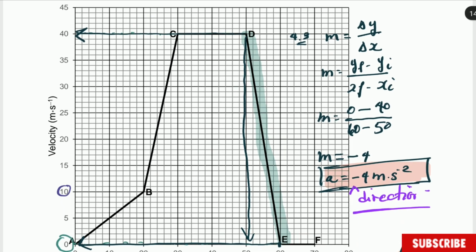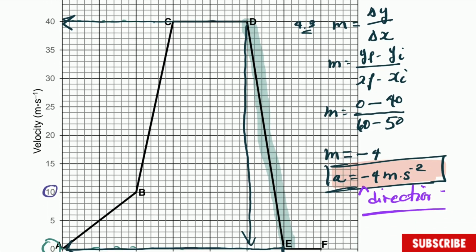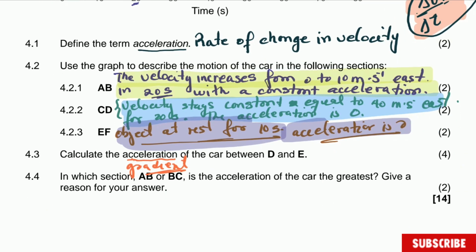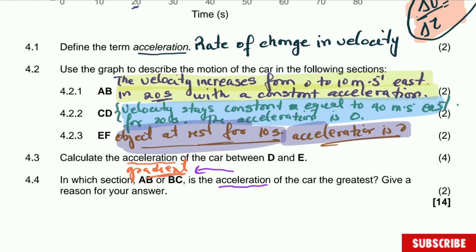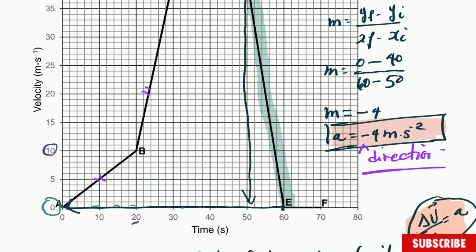Now we're going to answer the final one, question 4.4, in which section, AB or BC, is the acceleration greater? Remember, once more, acceleration is the gradient. The greater the gradient, the greater the acceleration. We're working with AB and BC. BC has a greater gradient than AB.